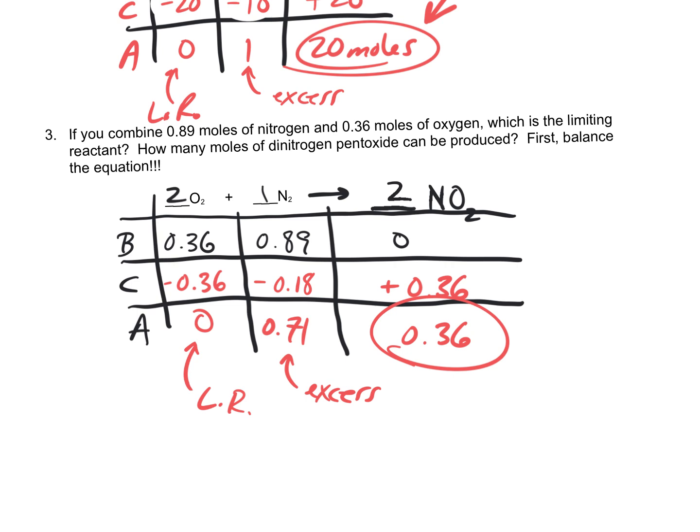All right, remember guys, very important. Whenever you're using a BCA table, the only values that ever go into a BCA table are mole values, never gram values. All right, so I hope that this was a good start for you. I'd like you to try the other 2 problems on that worksheet, okay? And I'll see you in class on Wednesday.